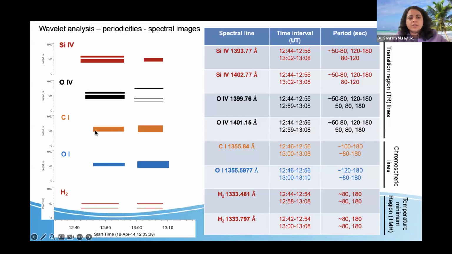If we plot the periodicities, we can see that silicon 4 and oxygen 4 are near simultaneous, and also the molecular hydrogen emission during the impulsive phase, but there is a time delay between the emission appearing in the transition region and the emission appearing in chromospheric lines. We don't know the reason behind this at the moment, and we are still looking into the physical interpretation of these results.